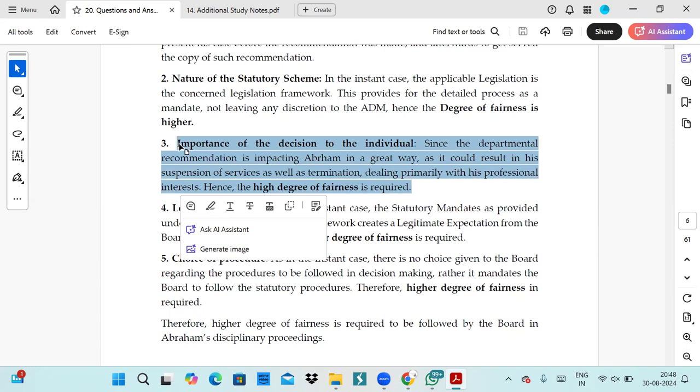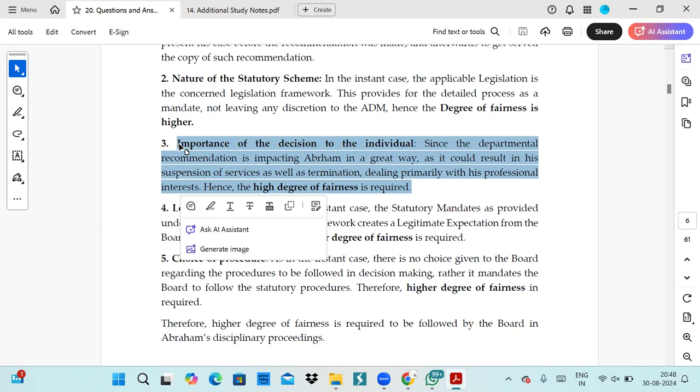If it is dealing with any of the charter rights, or if it is dealing with your job, then a higher degree of fairness is required, because it is very important to a person for his livelihood, right?